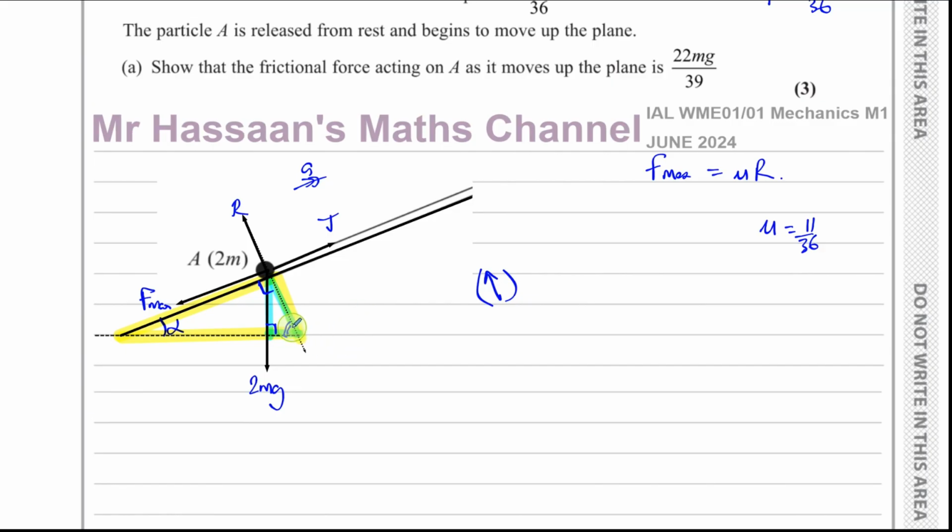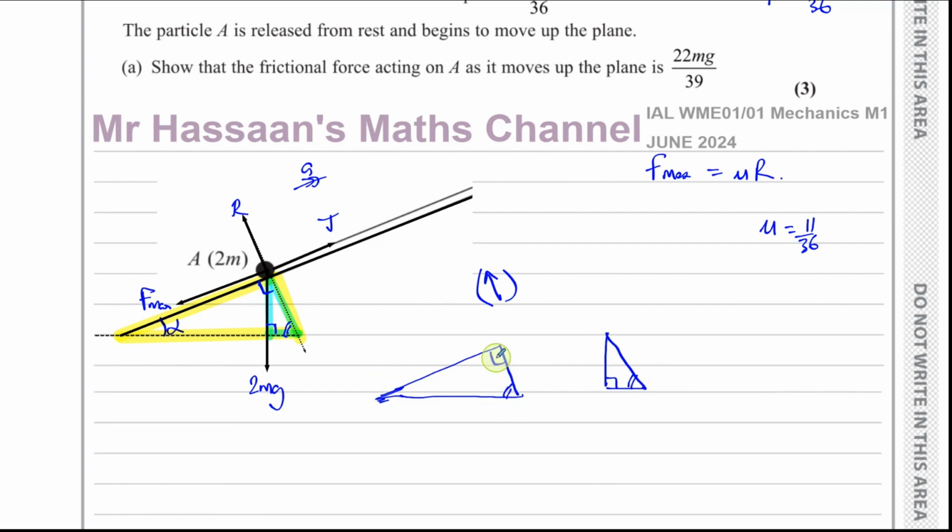If I draw the small triangle out here, you have a right angle and this angle. And if I draw the big triangle out here, you have your right angle and this angle. These two angles are the same, so these two triangles are similar triangles because of the angles.